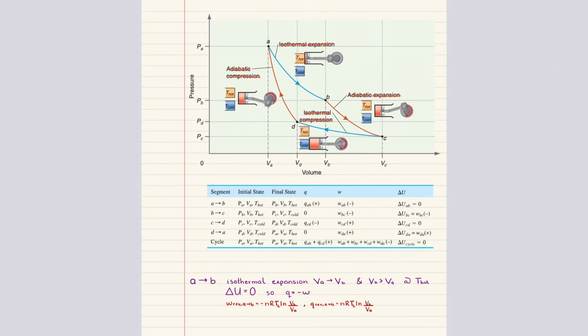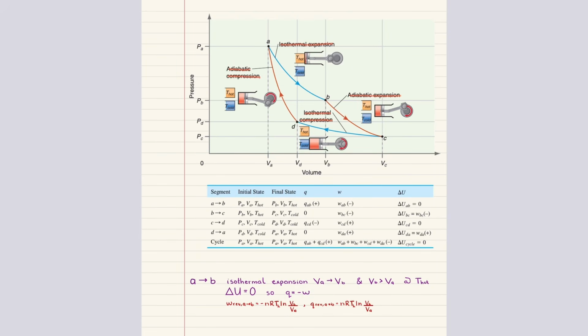Heat into the gas is positive. Work done by the gas on the surroundings is negative. And for an ideal gas, the change in internal energy depends only on temperature. So any isothermal segment is going to have 0 change in internal energy.